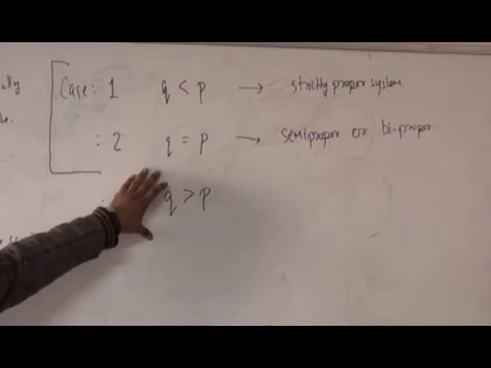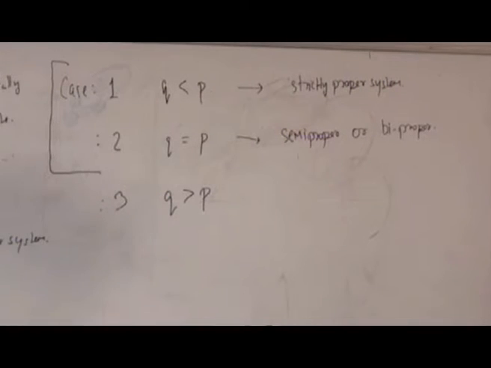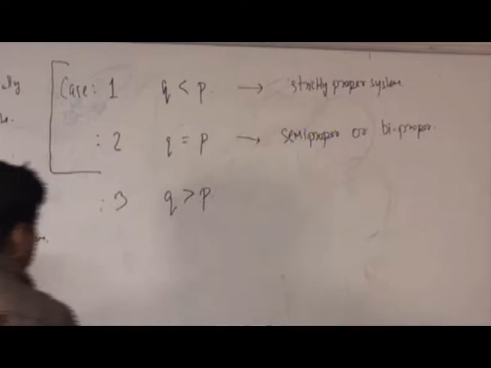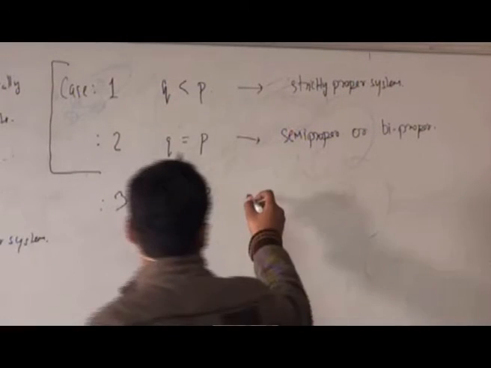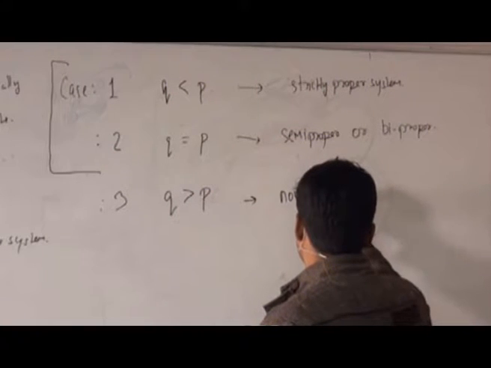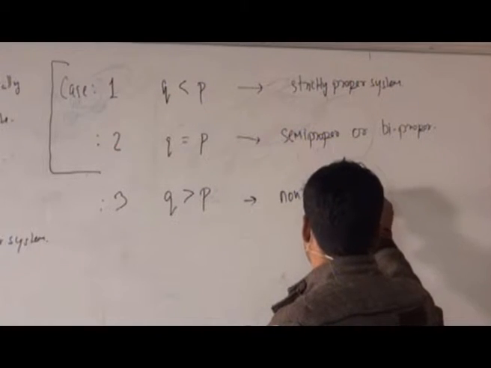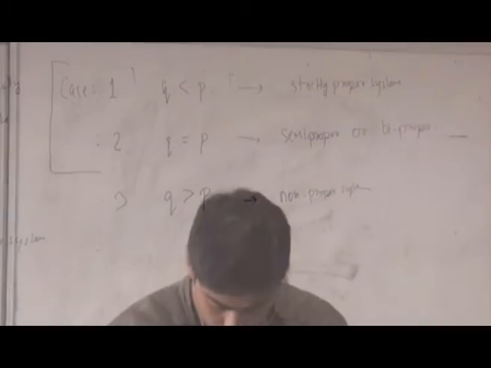This case cannot be implemented because here you will have more zeros than poles. This system is called a non-proper system. Okay.